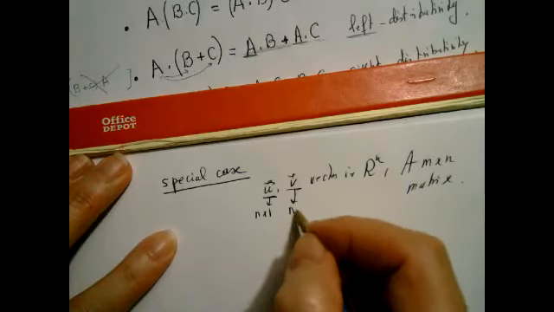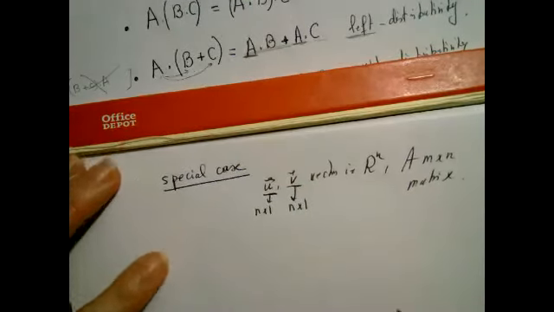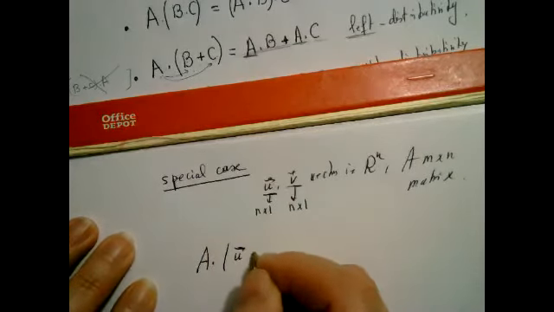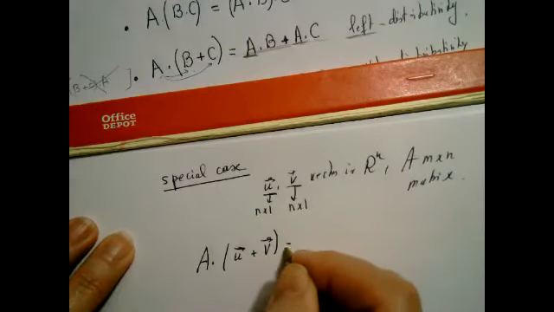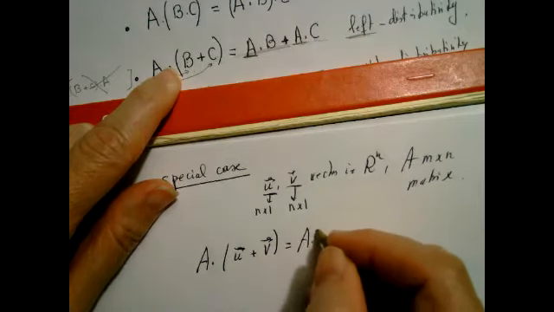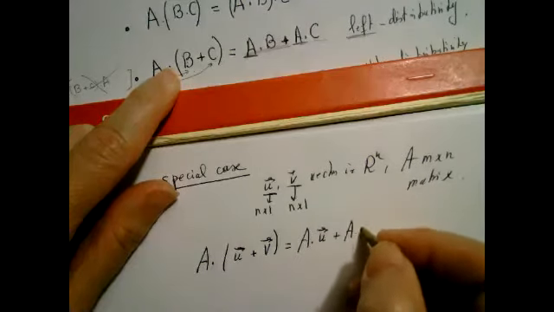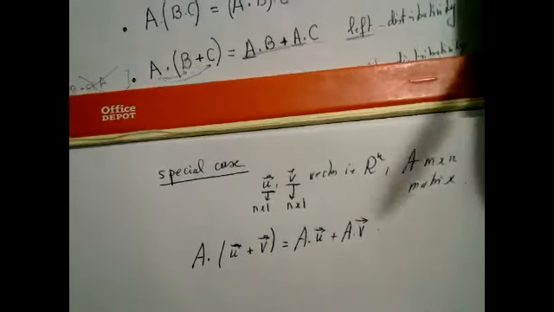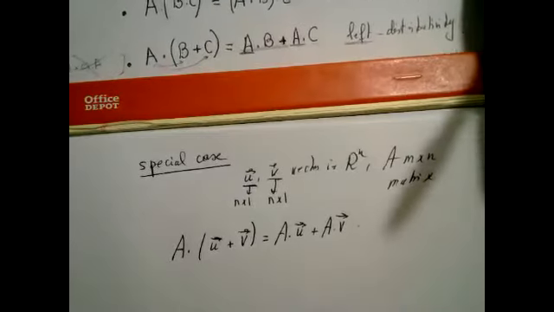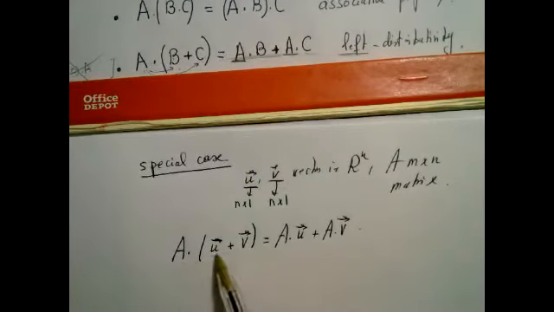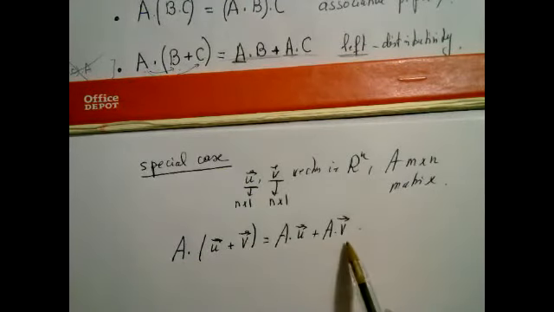So if I multiply A by U plus V, the sum of 2 vectors, then this property tells me that you can split it. So it's A times U plus A times V.